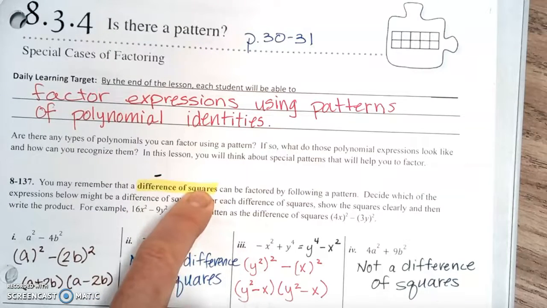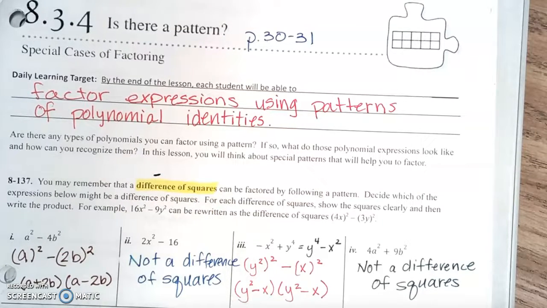Squares meaning the first term needs to be a perfect square and the second term needs to be a perfect square. So if you know all your perfect squares, 1, 4, 9, 16, 25, 36, and so on, it's going to be easier for you.